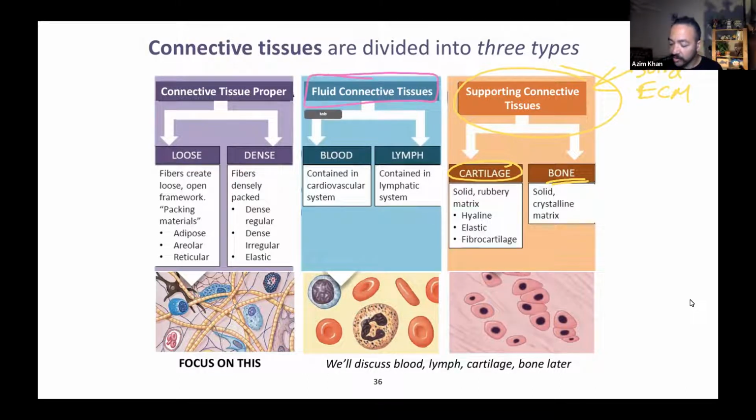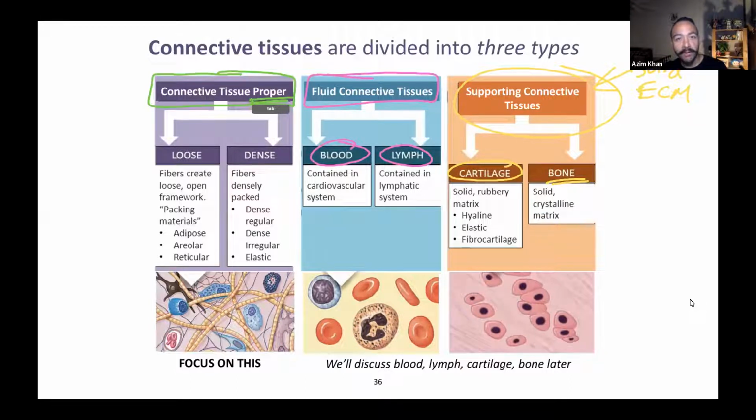Fluid connective tissues are ones with exclusively fluid in the extracellular matrix. Lymph and blood are your two fluid connective tissues. We'll also talk about this later. As you can see, there's a lot of different connective tissues. What I want to focus on in this lesson is connective tissue proper.